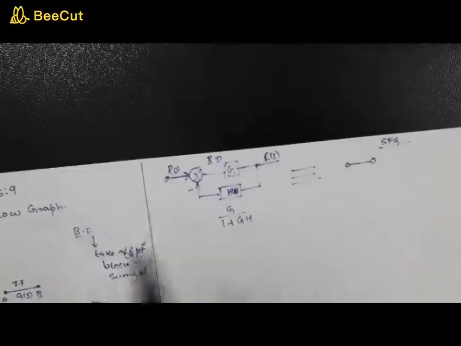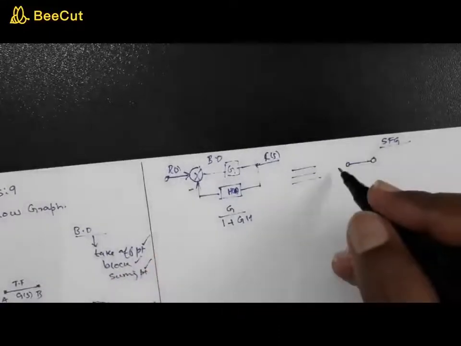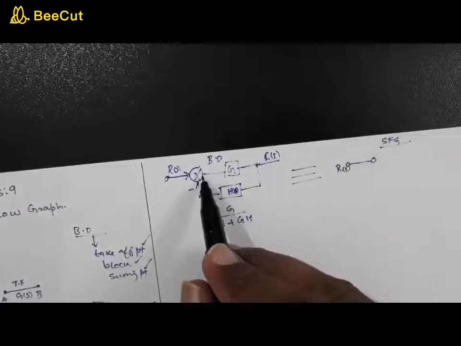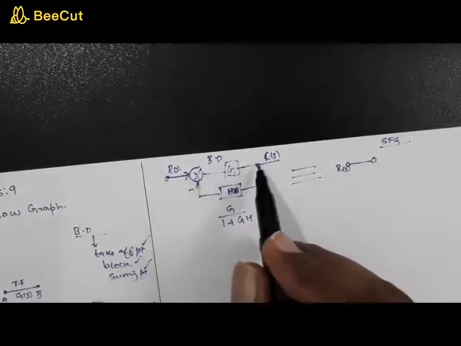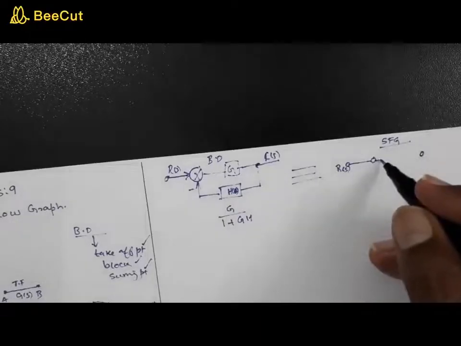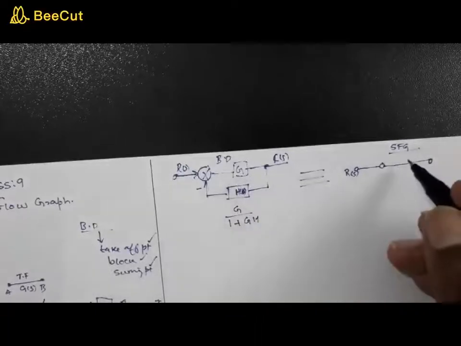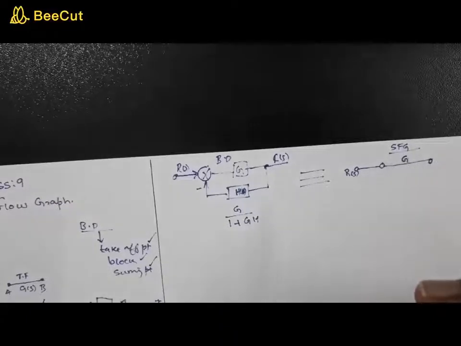Between the summing point and this node there is no value, it is just R(s). Then between the summing point and the output node, or takeoff point, which can be considered as a node, you have a transfer function, and in the SFG the transfer function will be replaced by the transmittance. It is just writing that G over that line, that's all.